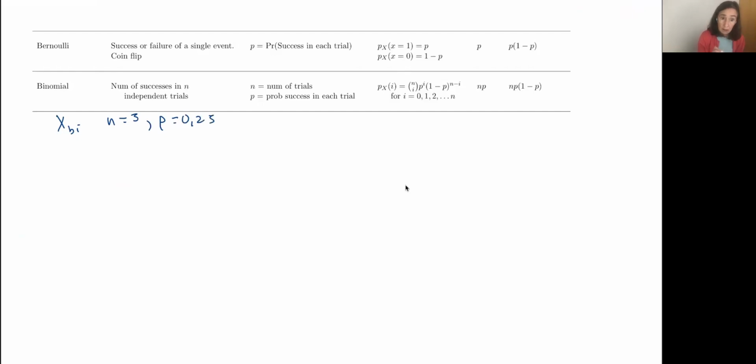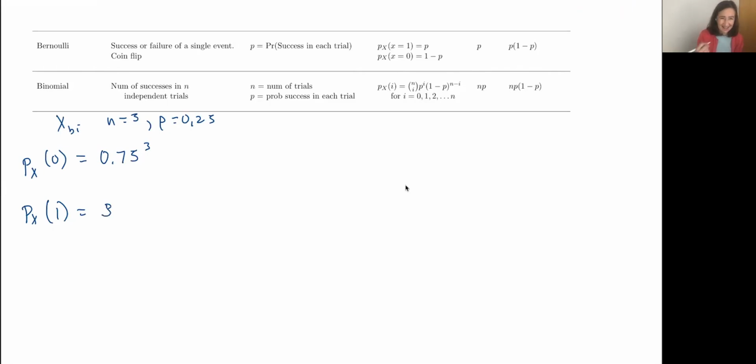And what we'd done before is we derived the probability mass function for this. x of 0, that was 0.75 cubed.